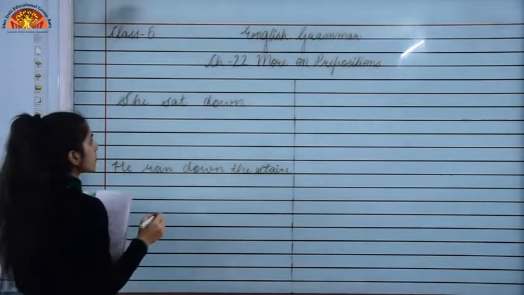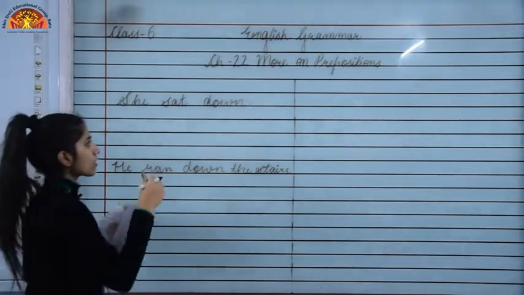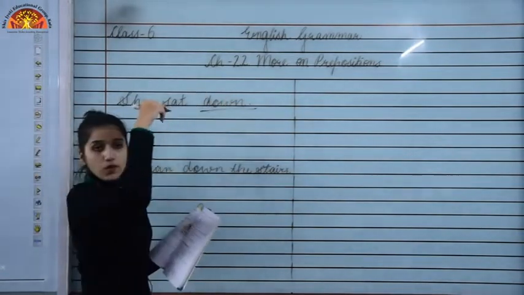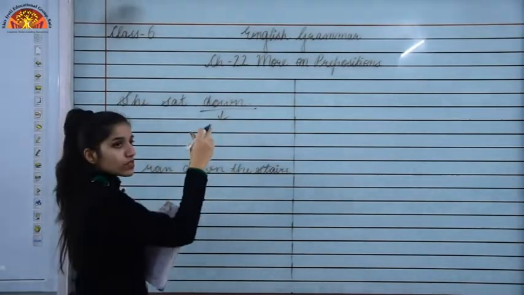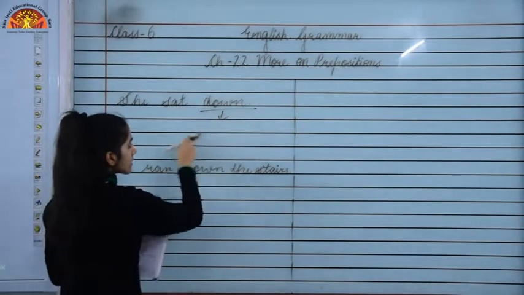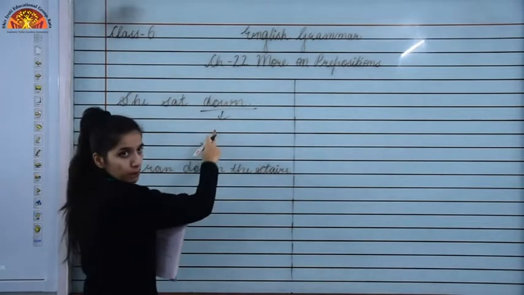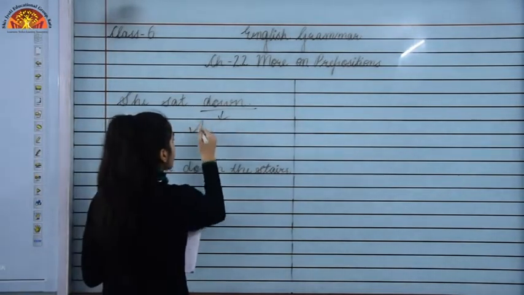Over here if I question it with what? Where did she sit? She sat down. So this is an adverb because it is complementing the verb over here. It's coming with the verb, isn't it? So this is an adverb.